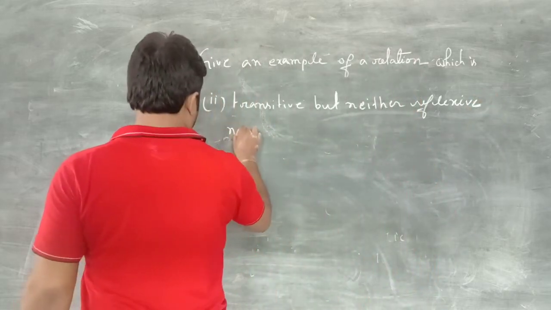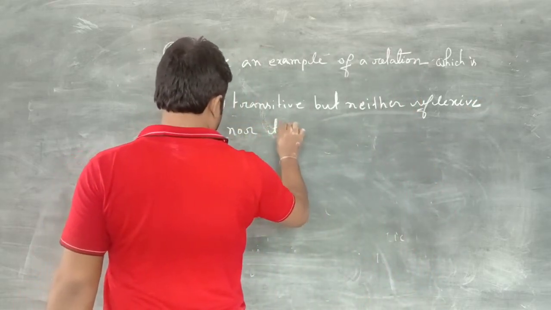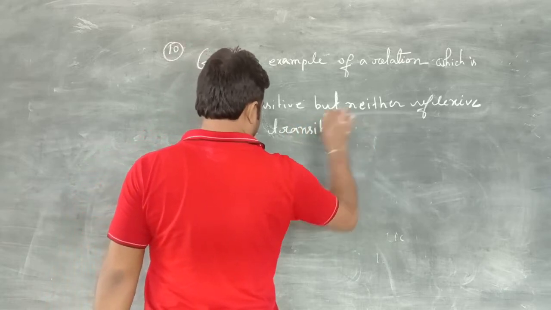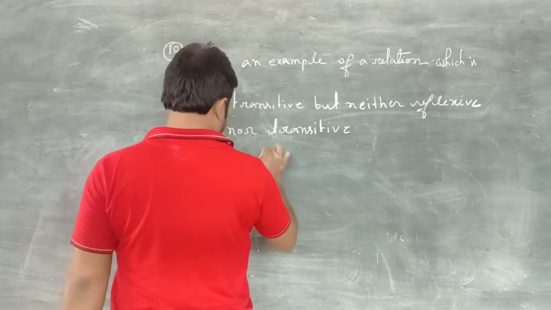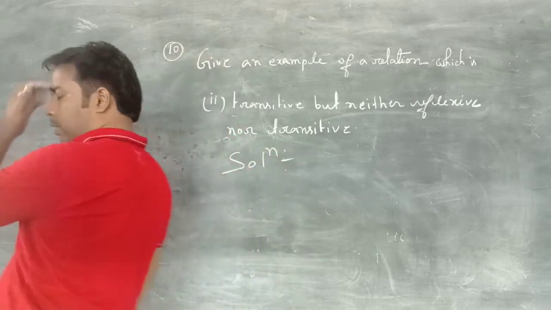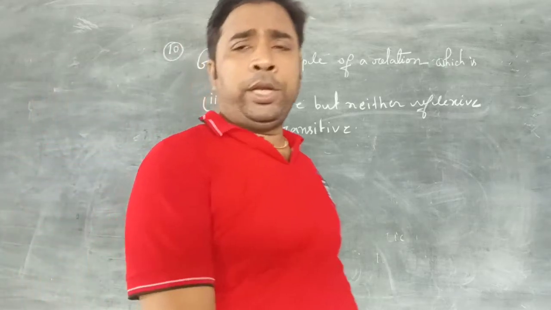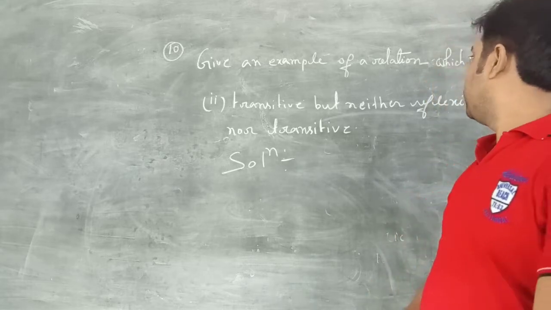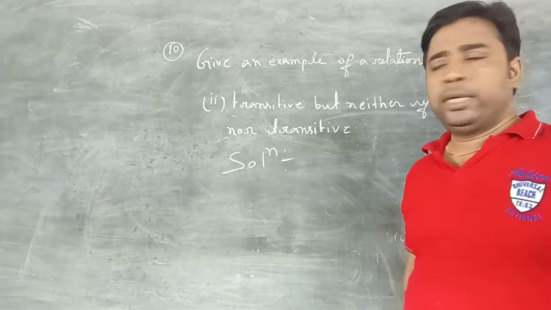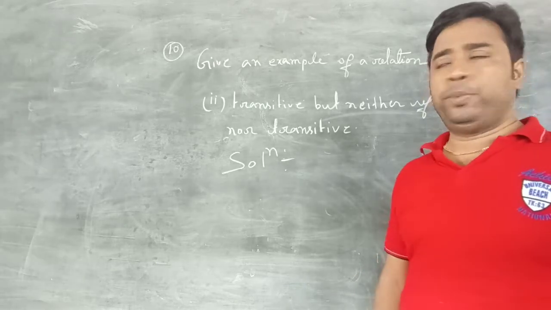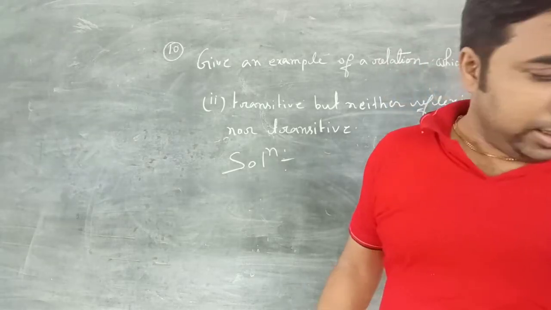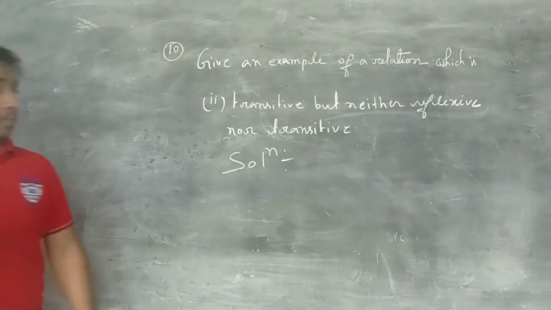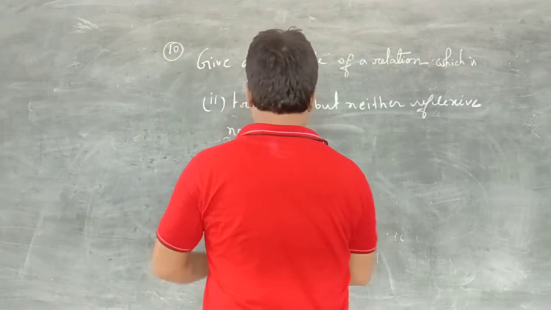So let us write down the solution. Now we have to create an example such that the relation is transitive but it should not be reflexive and it should not be symmetric.